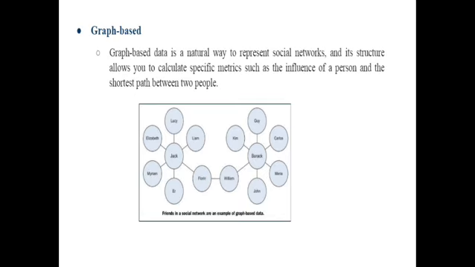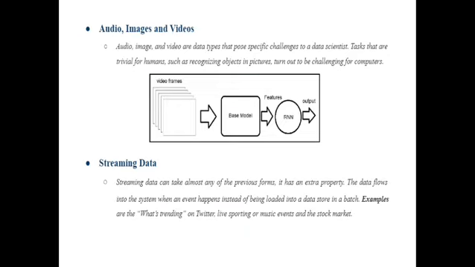Then graph-based data. A graph is made of vertices, and the vertices are connected by using edges, right? So here we can easily connect persons by using the edges, and we can easily access the data by using the edges. So this data is called graph-based data.